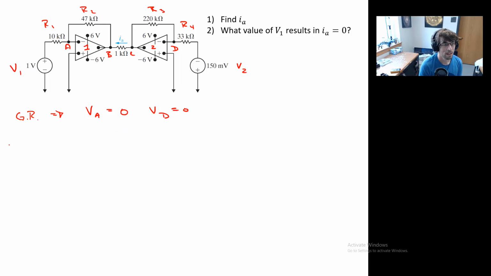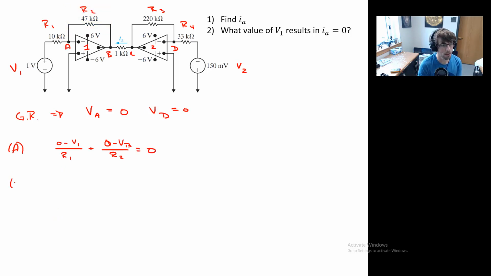Okay. Let's write down our node voltage expression for A. We have 0 minus V1 over R1. Added to that, 0 minus VB over R2 equals 0.